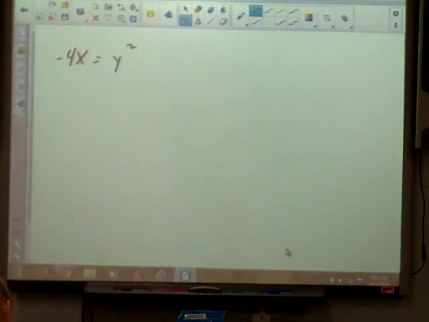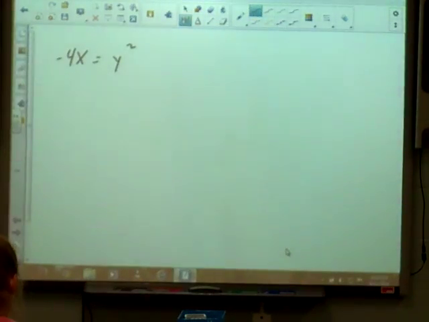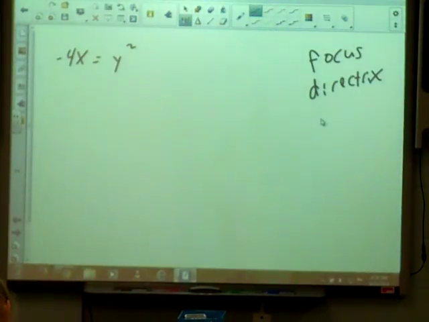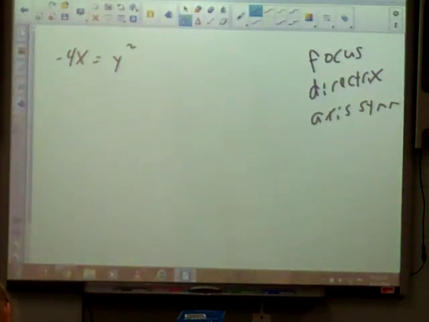The directions say they want me to identify the focus, directrix, and axis of symmetry. Okay, so I've got to get this ready first. It's not ready to go.